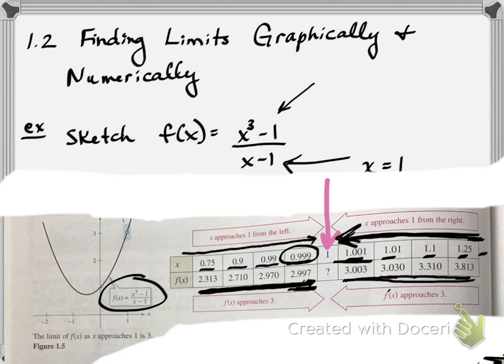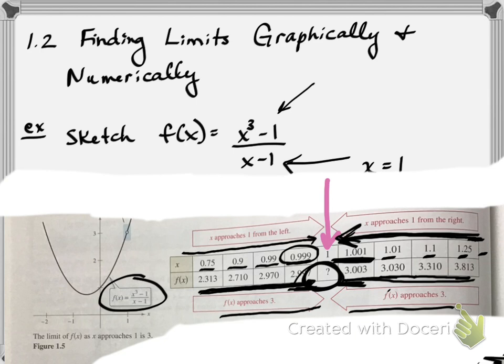And if this x value here had been 1.0001, this y value would probably be 3.0003. So we're getting super close to 3 from both sides as we approach 1 from the left and as we approach 1 from the right. We're getting super close to 3. That's the idea of a limit.